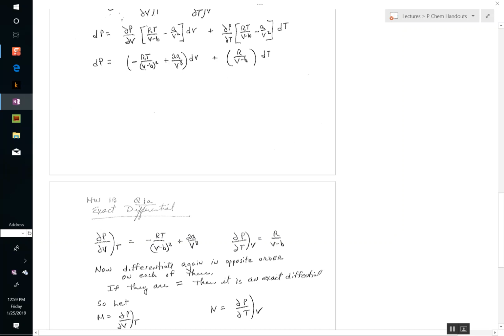And what is M? That's what M is. So put that whole expression in there, differentiate it with respect to temperature at constant volume. So that's going to go to 0.